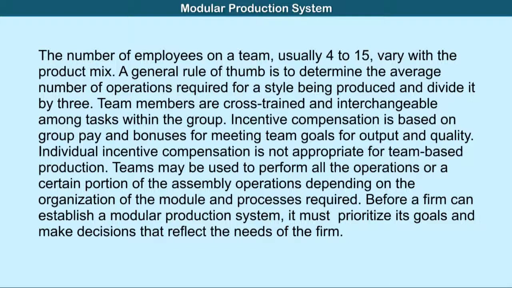As a general rule of thumb, determine the average number of operations required for a style being produced and divide by 3. Team members are cross-trained and work interchangeably among tasks within the group.